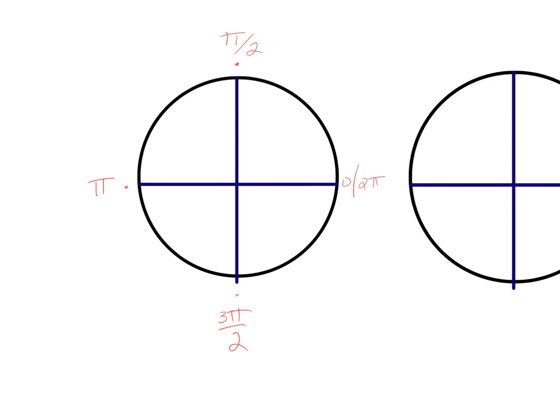So now let's think in terms of time. How many seconds are in one whole circle? 60, okay? So if I broke this up into 4 pieces, how many seconds are in the first quarter? 15. How many are from 0 to pi? 30.